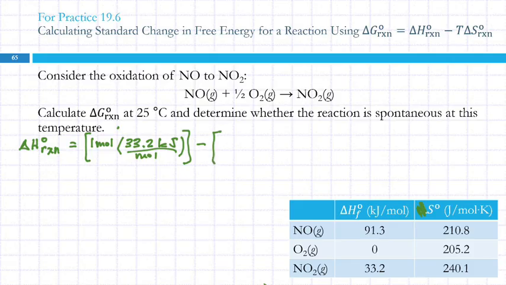Now we're going to subtract the reactants. We've got NO, and that is 91.3, and there's 1 mole of that. Plus, we have half of a mole of O2. Sometimes you are given information and you're like, wait, they didn't tell me what this one was. Well, this is an element in its standard state.